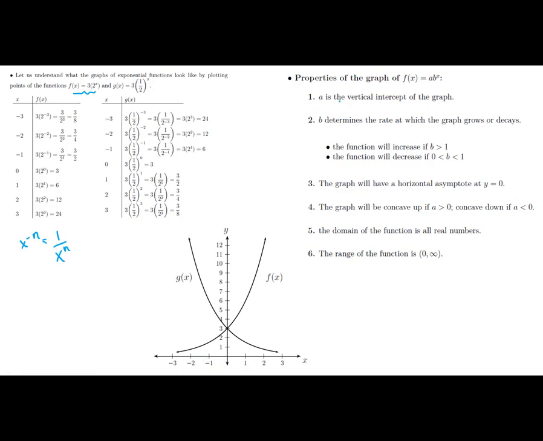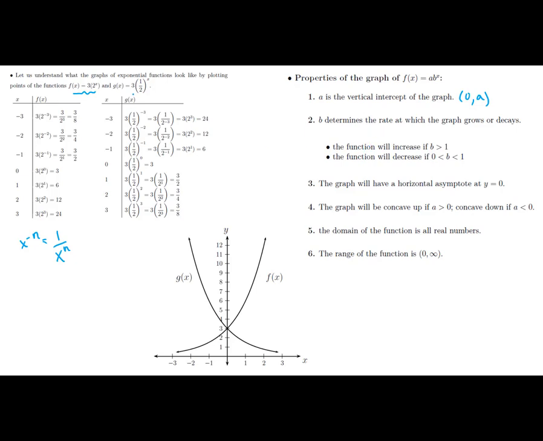So some observations from all this. First of all, a, when your function looks like a times b to the x, is always the vertical intercept of the graph. Or in other words, (0, a) is always a point on the graph. B, the base, determines the rate at which the graph grows or decays.